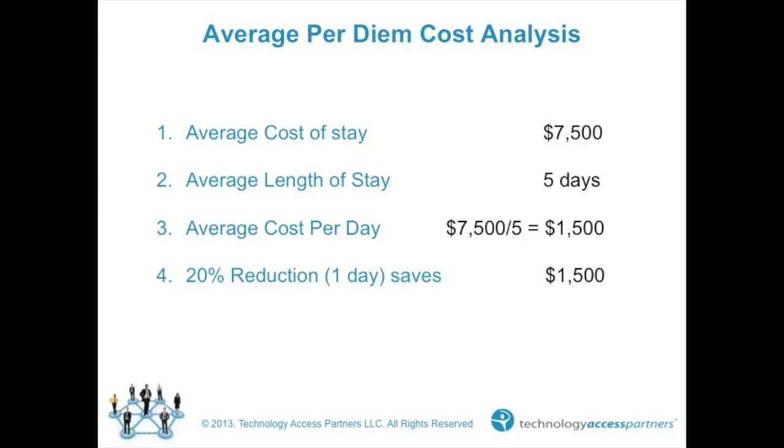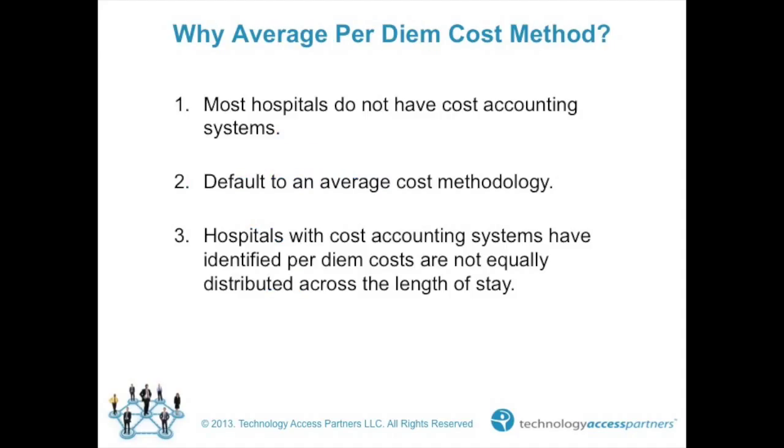Therefore, using the economic value proposition of saving a hospital a certain amount of money on the length of stay, we say, okay, if we can save the hospital 20% in their length of stay, that accounts for 1 day, hence $1,500.